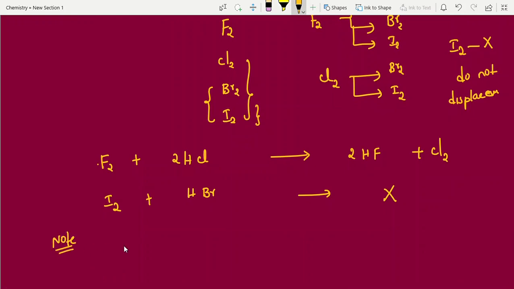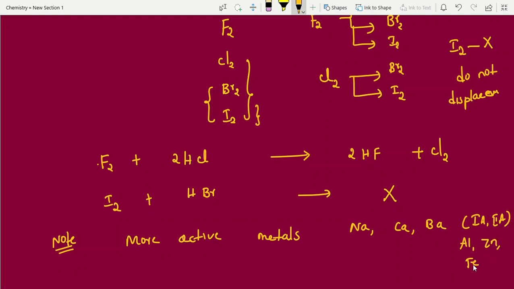From these two concepts, they are asking one question. More active metals: sodium, calcium, and barium. We can simply remember first A group and second A group elements, even aluminium, Zn, iron, these are all active metals.